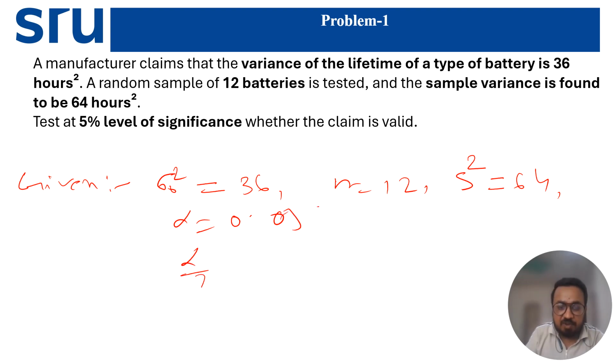Here we will use alpha by 2 because this is a two-tail test, right? Later we will discuss this.